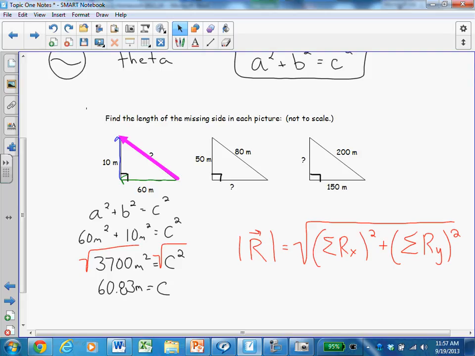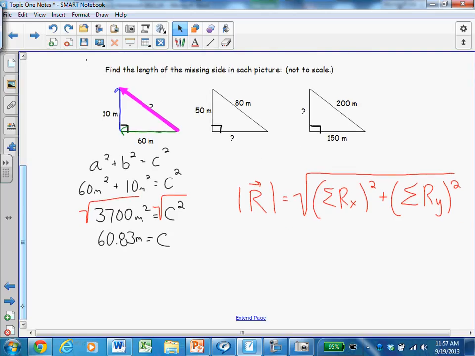Now, how would I go about finding this missing angle right here? Or missing side? Austin?